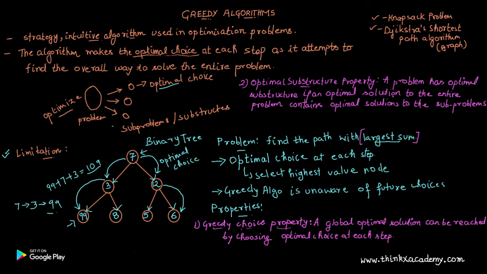If an optimal solution to the entire problem contains optimal solutions to the sub problems. So you can see that in this example, if we make an optimal choice, or these are the optimal sub problems, then you see that they are not contained in our whole optimal solution, which is the path 9973. So our optimal solution does not contain the optimal sub problems. So this is the optimal substructure property.